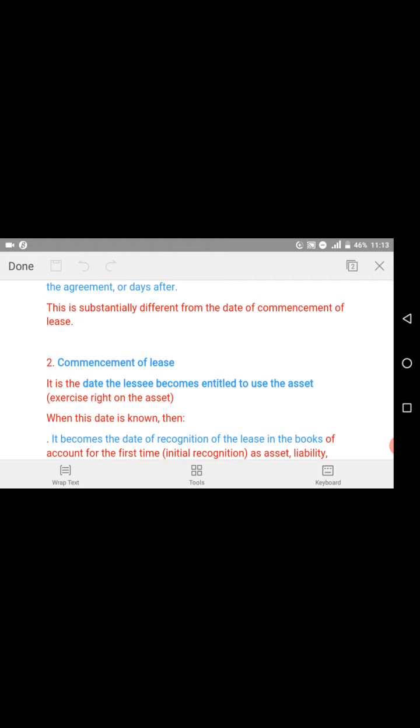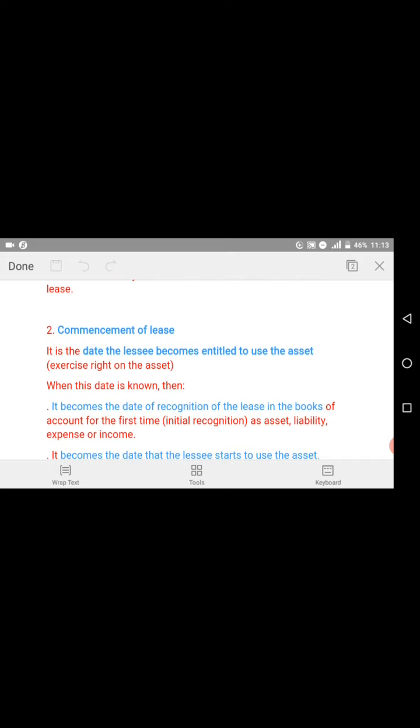It is the date the lessee, the person who obtains the assets in exchange for periodic payments, as we said before, becomes entitled to use the assets, exercise right on the assets. I'll repeat it again. It is the date the lessee becomes entitled to use the assets.